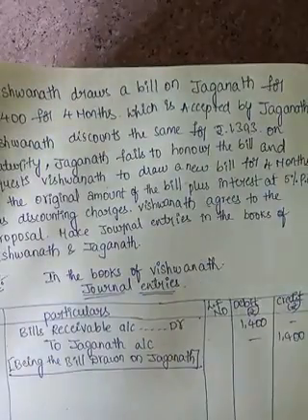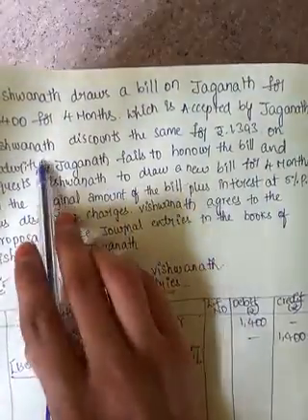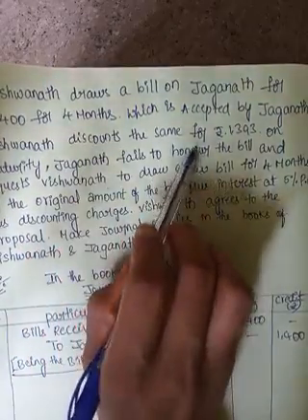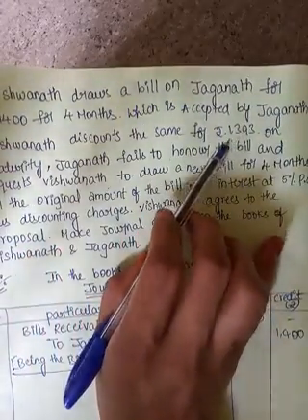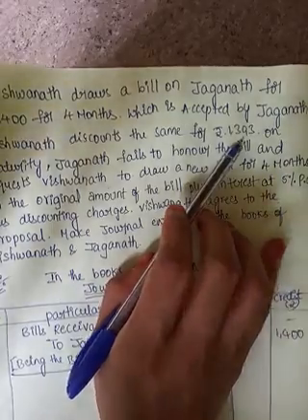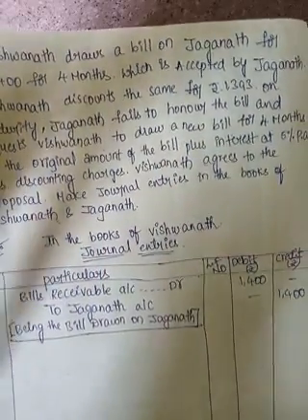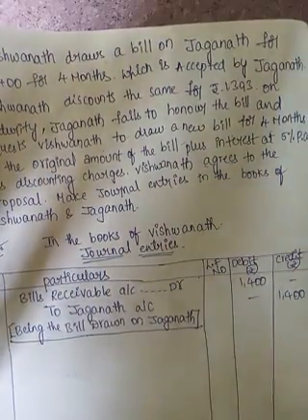Next, see. Vishwanath discounts the same for rupees 1393. For this entry, he discounts with the bank now.